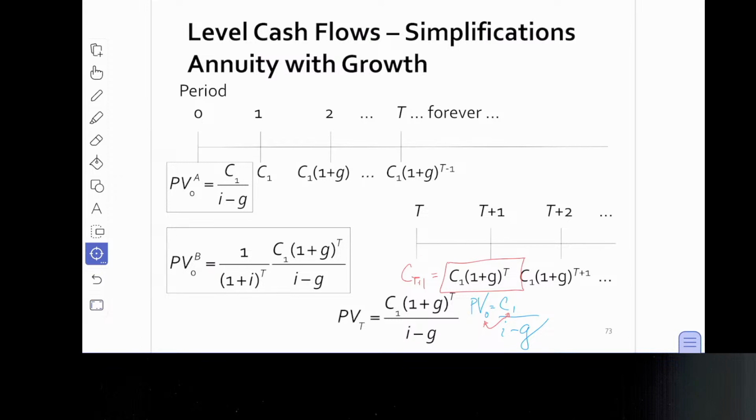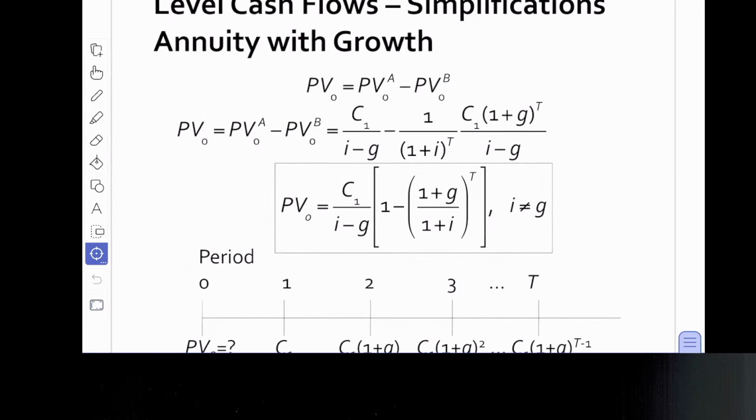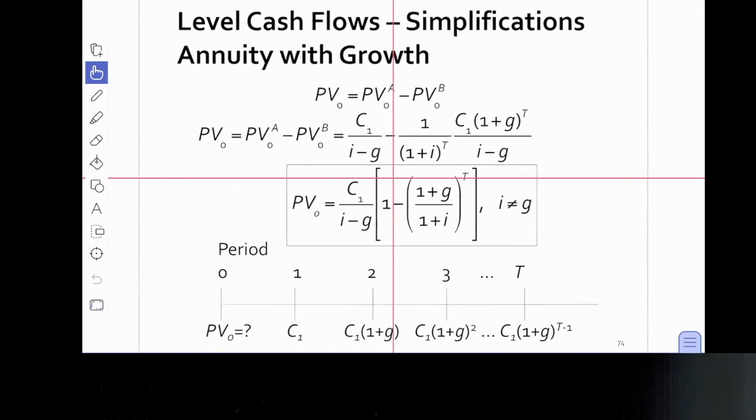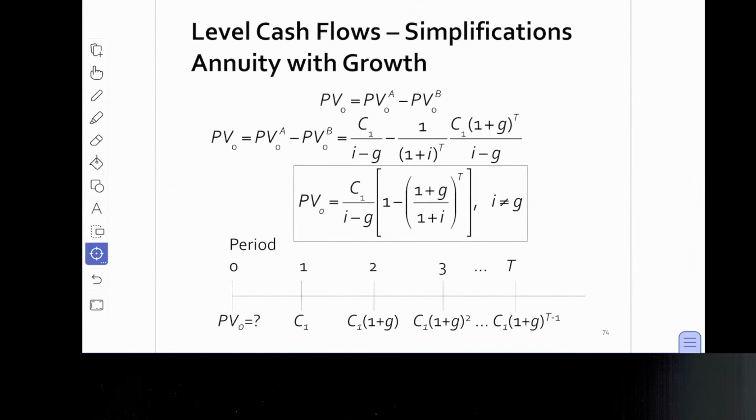And mathematically, bear with me, I'll never ask you to prove this, but you need to learn this technique. This is what ends up as my result. Now you guys can practice mathematically showing this, but basically I pull this out, and what is this? This is the growing perpetuity formula, and this is the adjustment factor, okay?